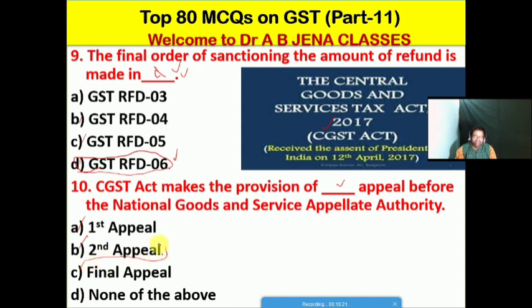Friends, B is the right option. Again I repeat, the CGST Act makes provision for a second appeal before the National Goods and Services Appellate Authority.